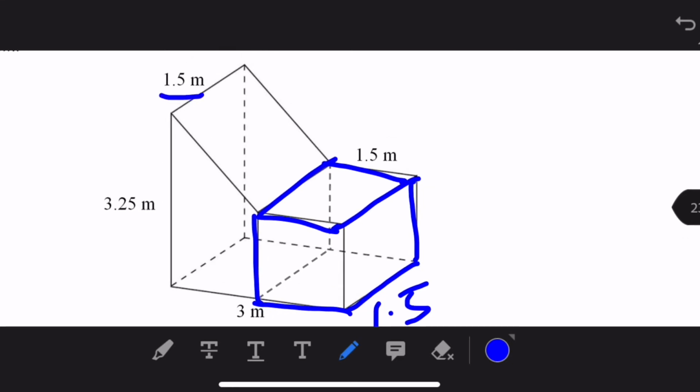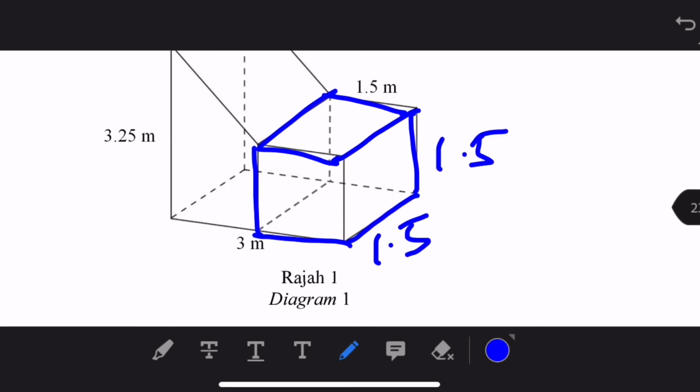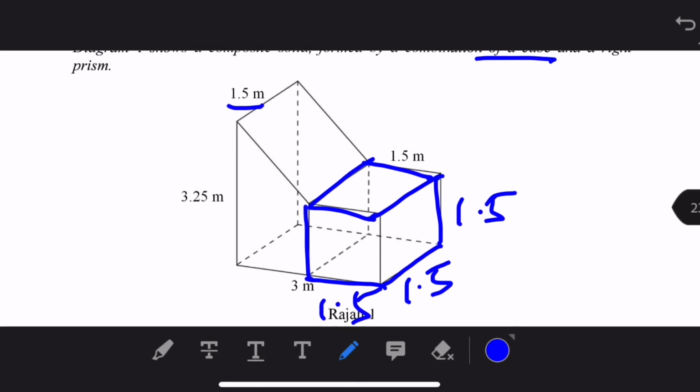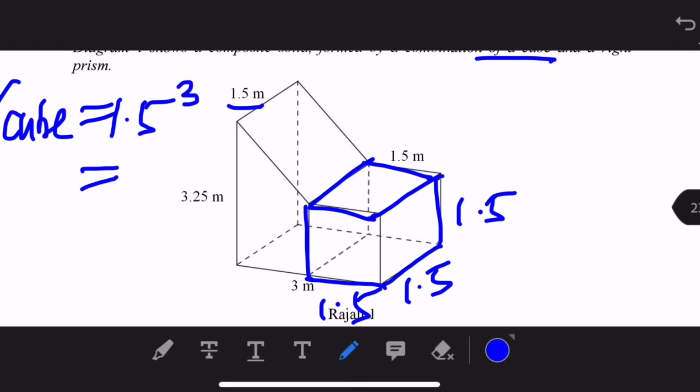Because it's given here 1.5, 1.5, 1.5. So the volume for the cube is 1.5 cubed. Okay, so if you press the calculator, you get 27/8 cubic meter.